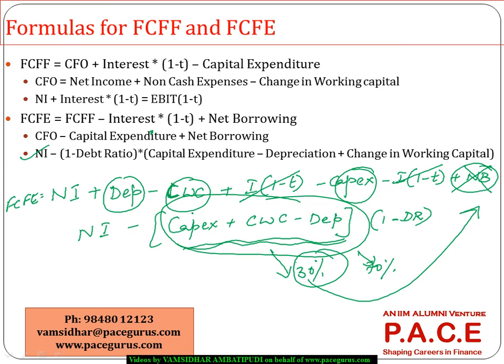So whenever I take this entire thing multiplied by 1 minus debt ratio, that is also another way of expressing the free cash flow to the firm. So for each of the years I can find out the free cash flow to the firm as well as free cash flow to the equity through these various mechanisms and then use them for valuation purposes.